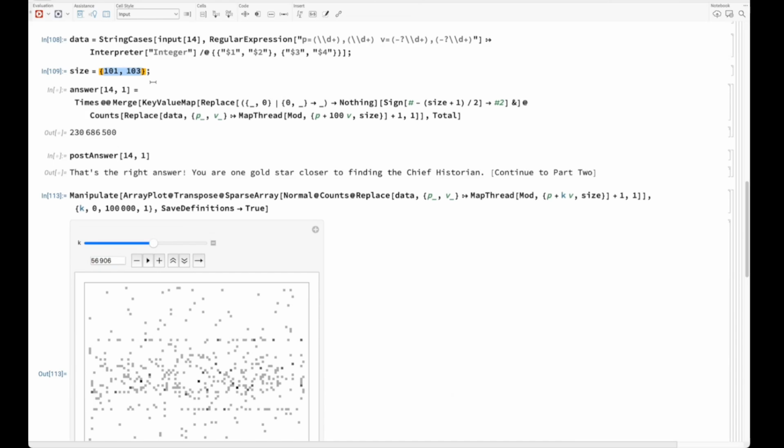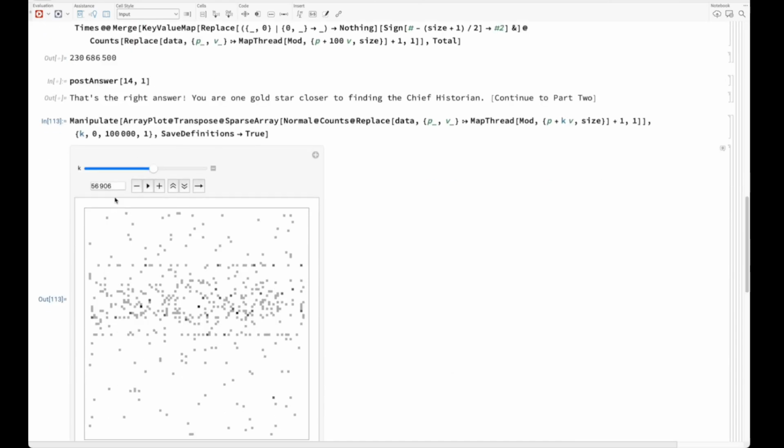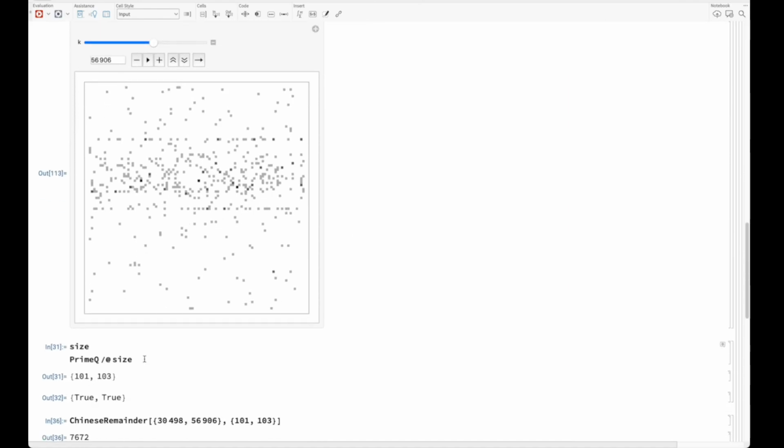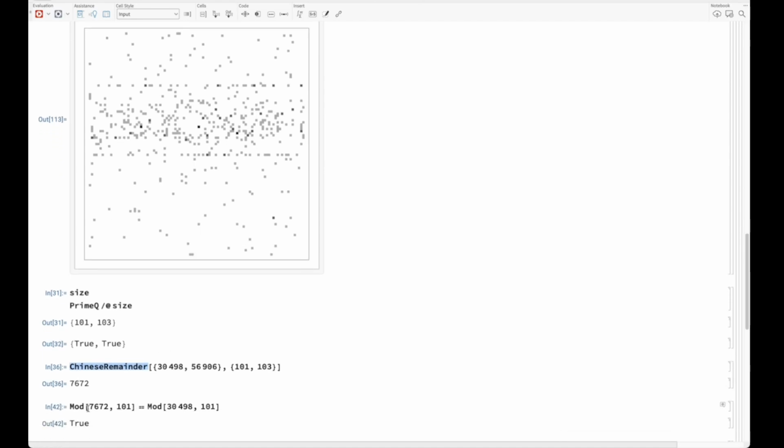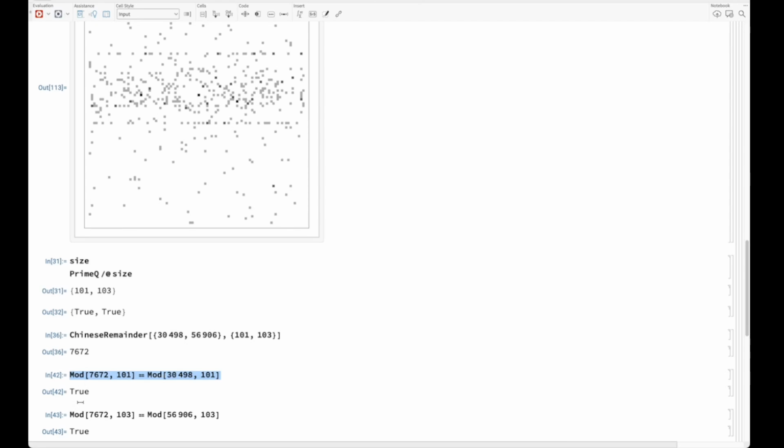Given that you found these two configurations, there's a Chinese remainder theorem that you have to use. You're given this size of the grid that is two prime numbers, and what you have to do is find this number that solves these two problems over here.